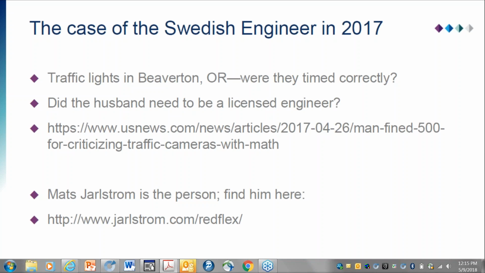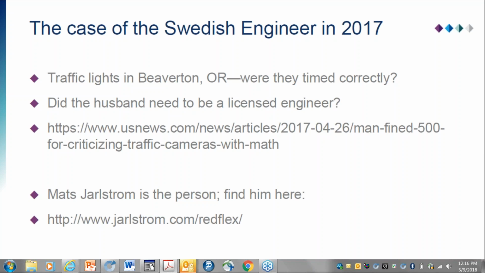Mr. Jarlstrom was no foolish person in the sense that he had schooling and considerable education and knew a fair amount about electricity and things of that sort. So he investigated it and claimed that he, as an engineer, could determine that the lights were not timed correctly.